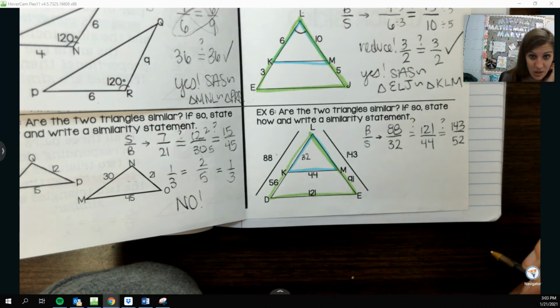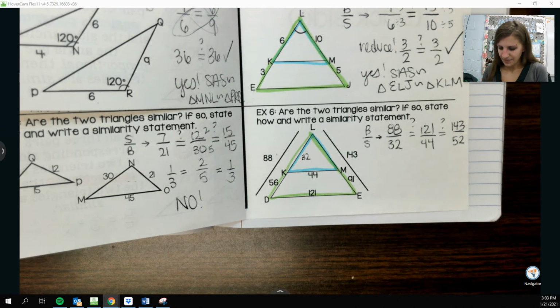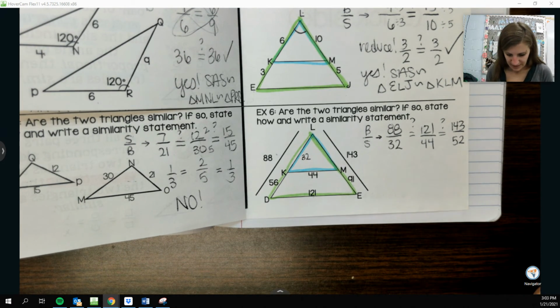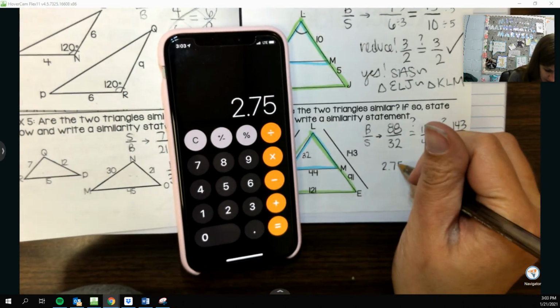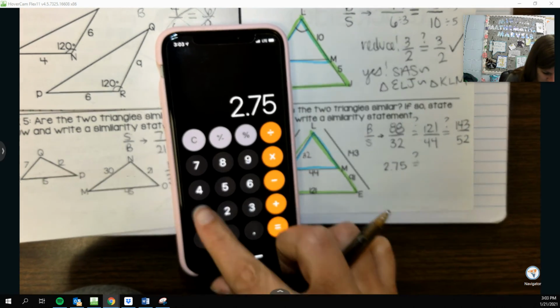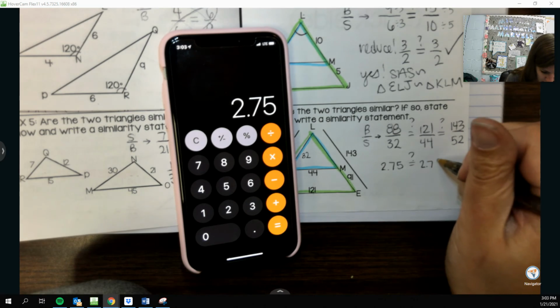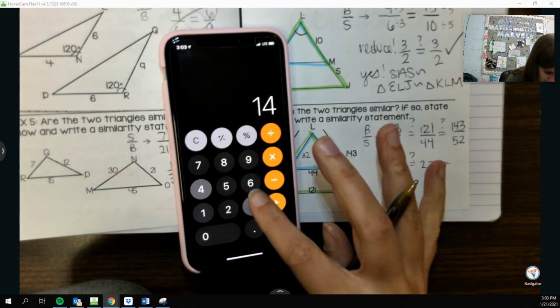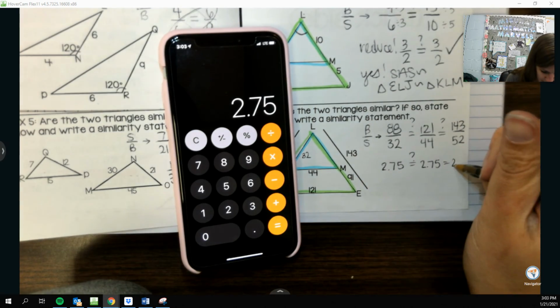And so if I divide each of those, let's see, 88 divided by 32. And we can do decimal land. I mean, kind of gross, but that's going to be 2.75. Is that going to be the same as 121 divided by 44? So far, so good. It's that last one, 143. If I divide it by 52, 2.75.